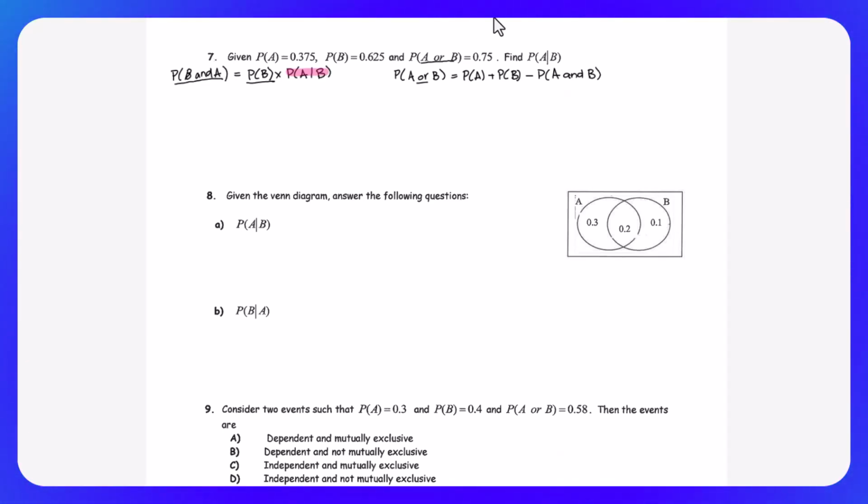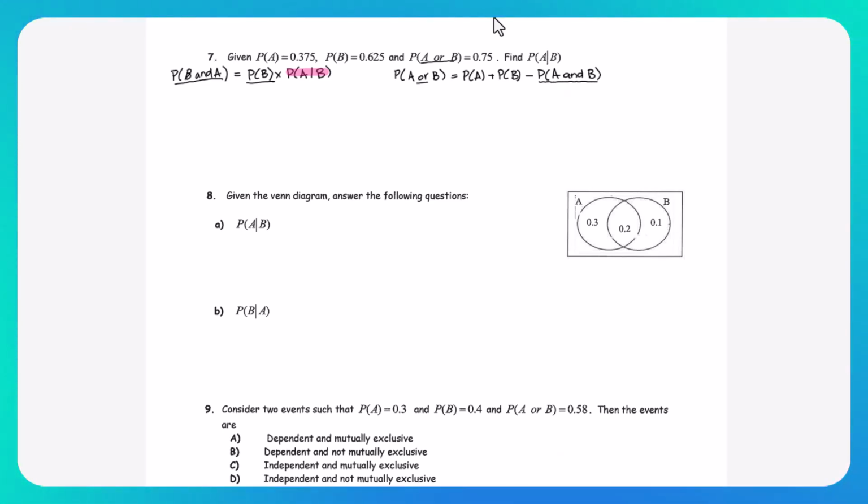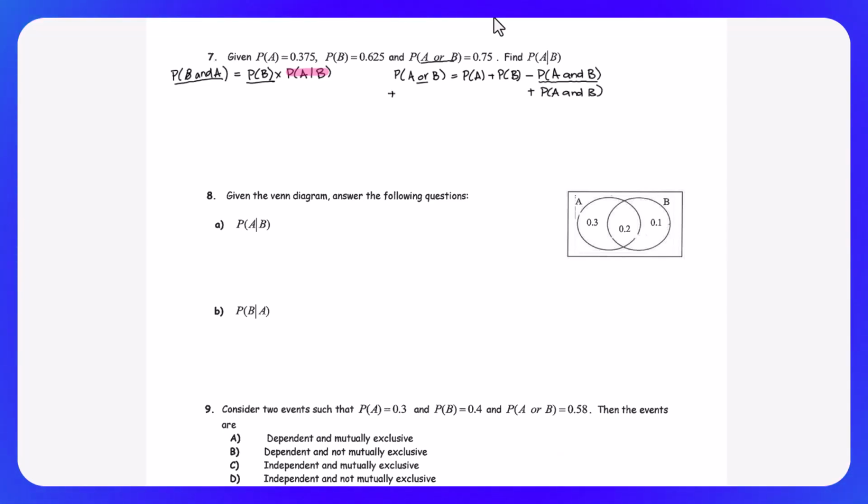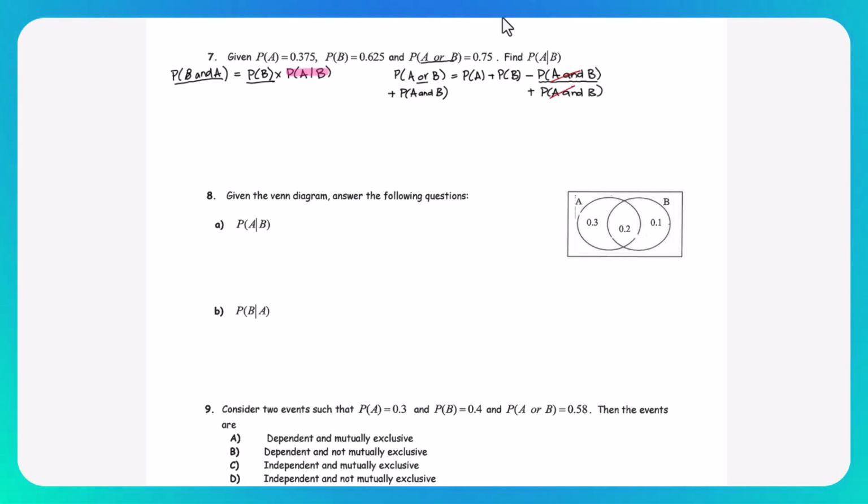So let's isolate this part right here. We can do that by adding this to both sides. After that, we're actually going to subtract away the OR. Now, if you prefer to put your numbers in first, that's okay, but I just want to show you something.